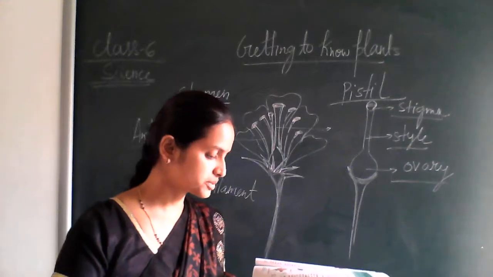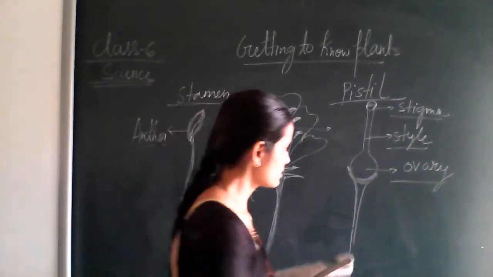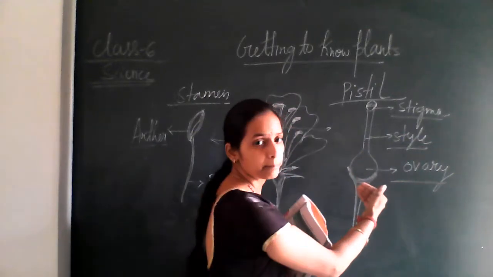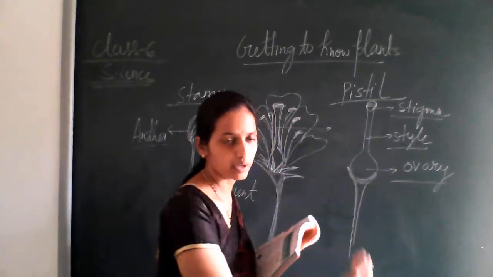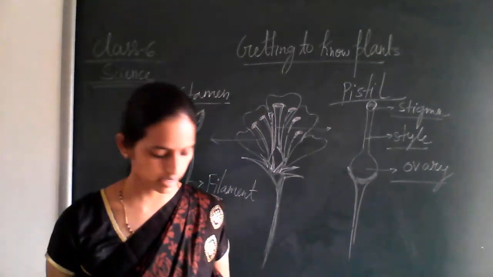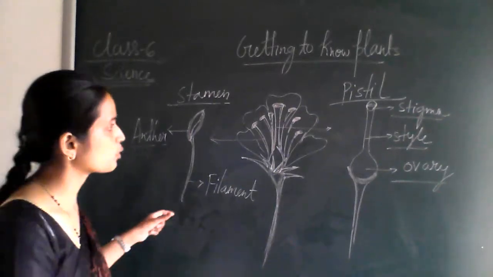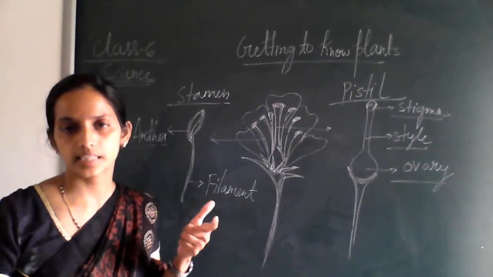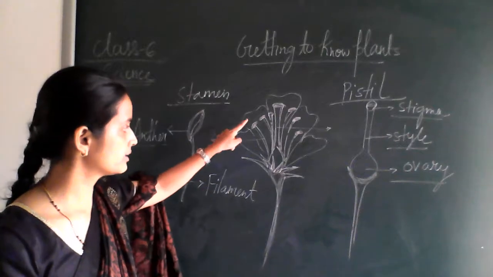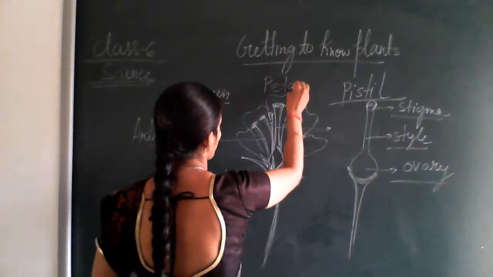We can cut this part to study what is inside. So now we are going to cut the ovary. What is actually present in this ovary part? Firstly, have you understood what petals and sepals are?